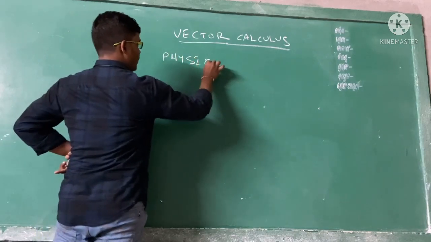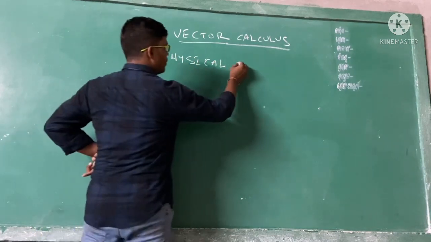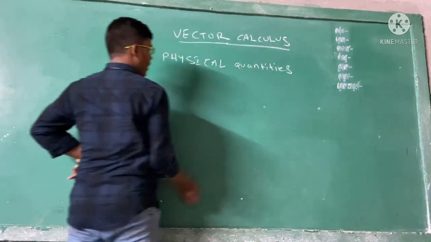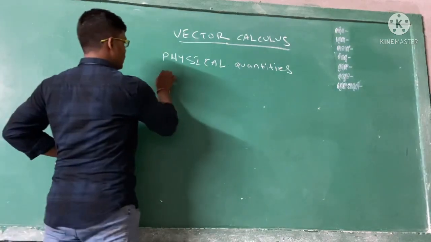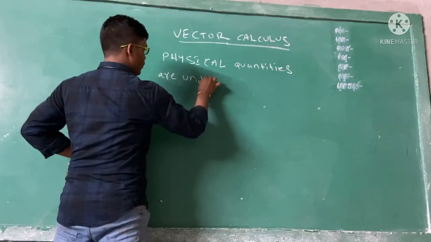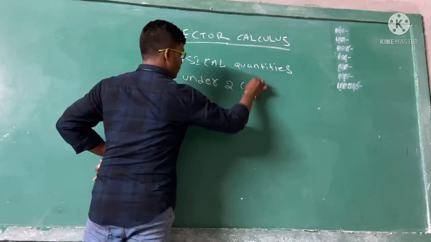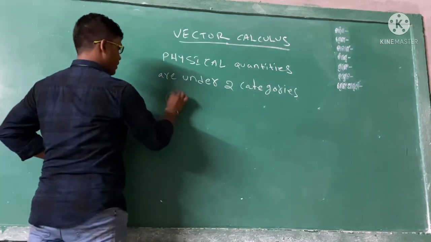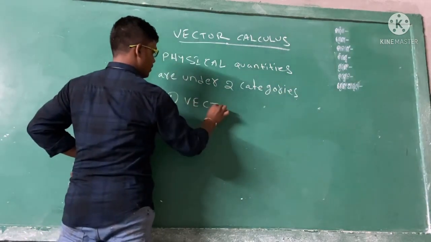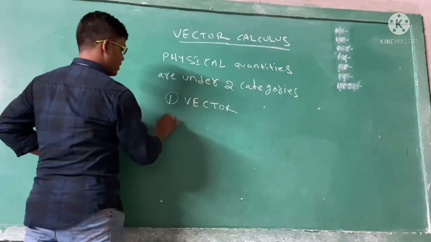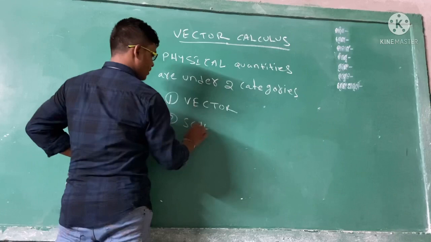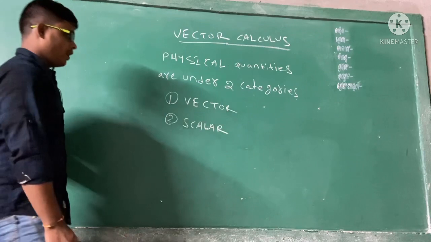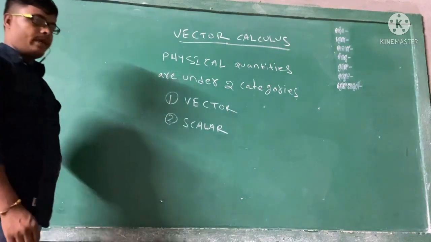So what are the two categories? One is vector and another is scalar. So what is vector? Then what is scalar? How will we recognize that this quantity is vector, this quantity is scalar? So let's go thoroughly about this.